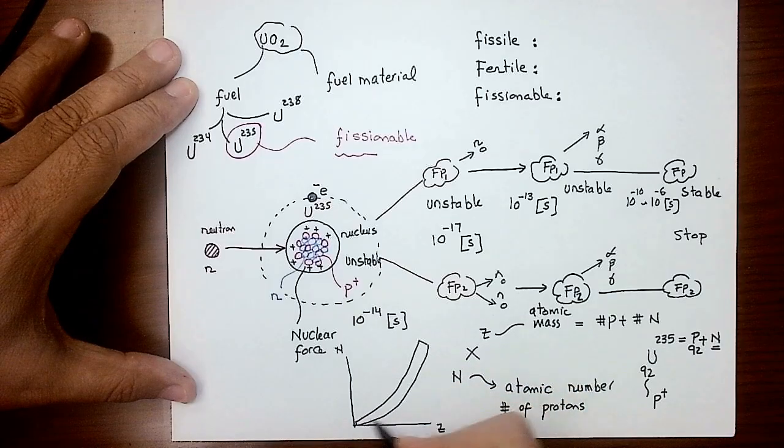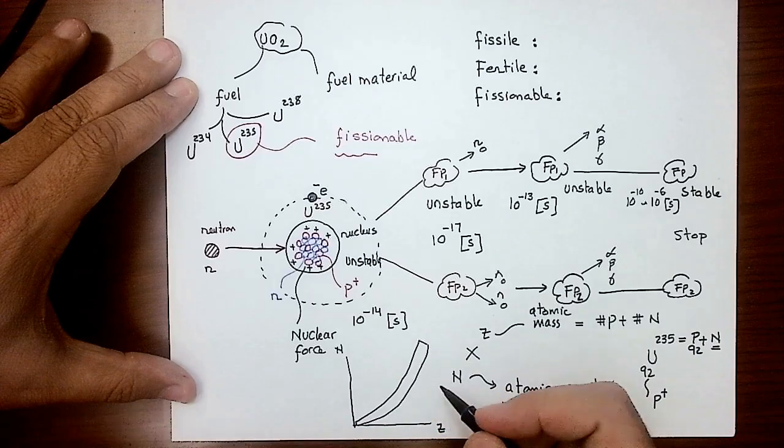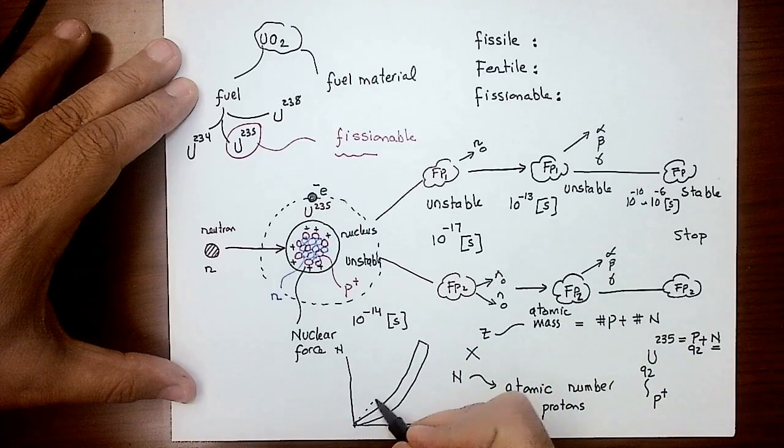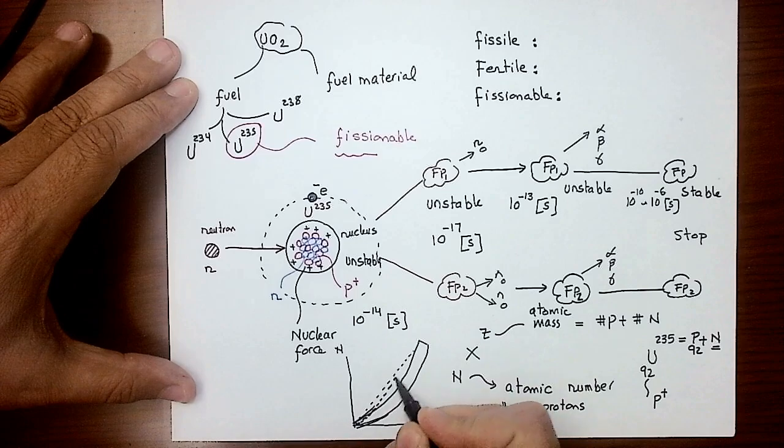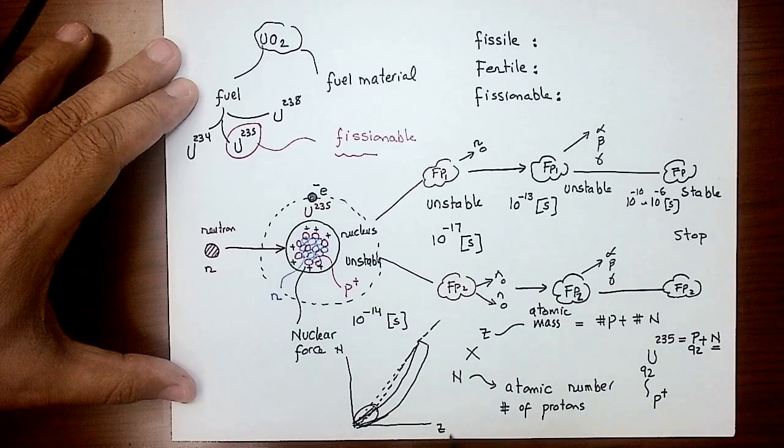And we know that this is not linear. If you split any atoms linearly, you should have that straight line at 45 degrees. But this is the zone of stability. Actually, this line should go through this. The early stage of that line should go through the stability region here. Then it goes out like this. So at a very low, smaller number of Z, the ratio of neutrons to protons is actually 1:1.